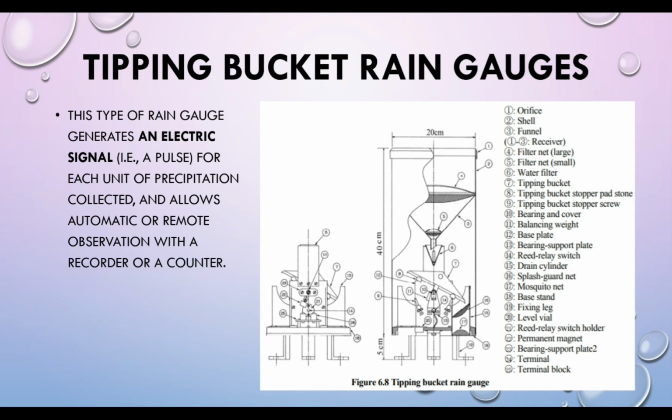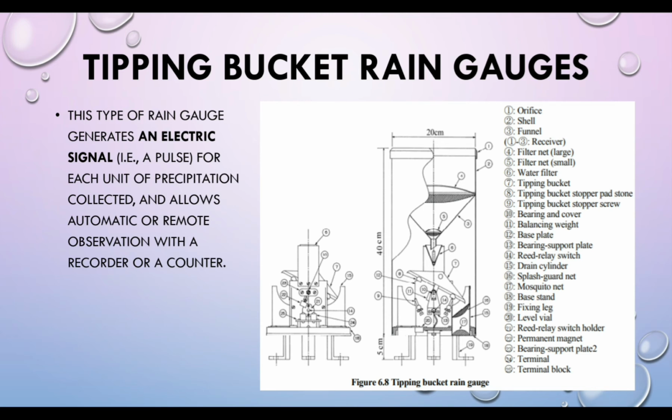This type of rain gauge consists of a receiver and a measuring part, with the receiver serving as the container for the device, as shown in figure 6.8. The measuring part consists of a tipping bucket and a pulse-generating reed switch or mercury switch assembled within the receiver.